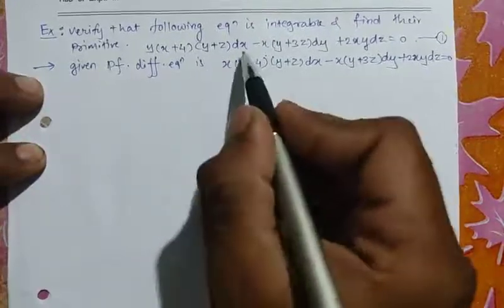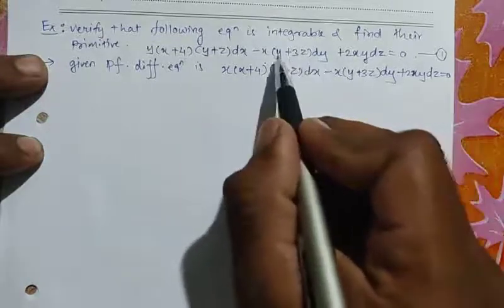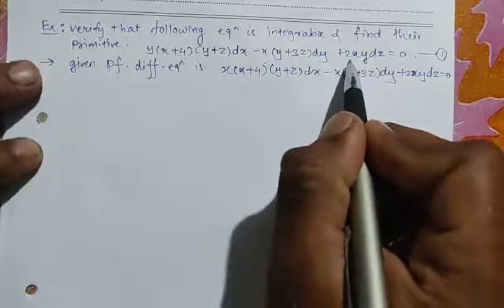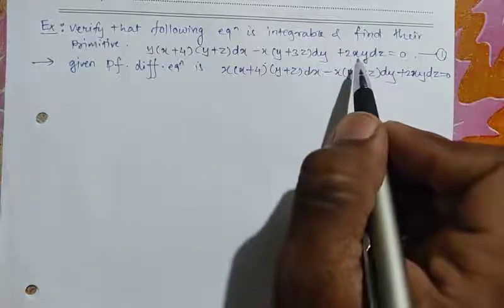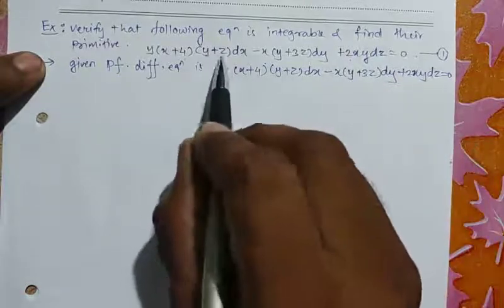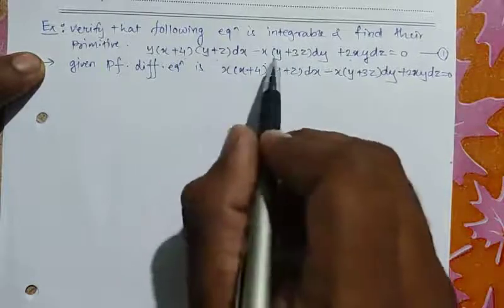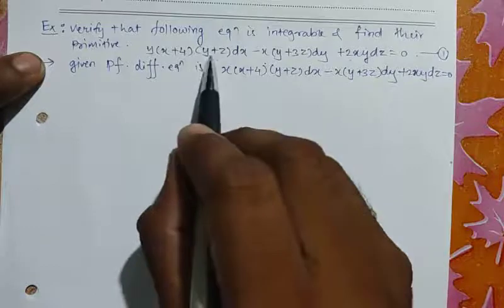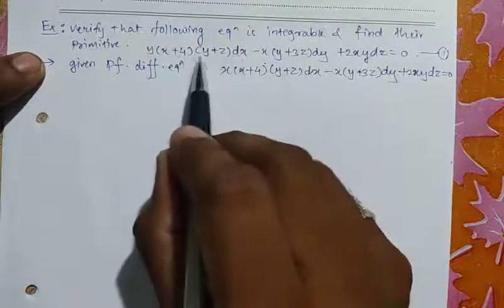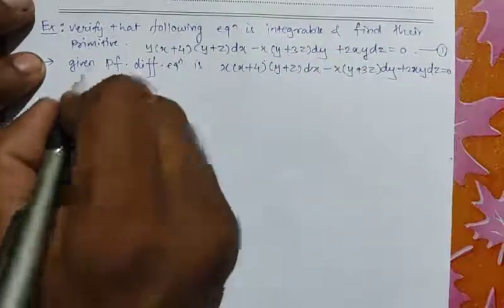Here the coefficient of dx is (x + 4)(y + z), the coefficient of dy is (y + 3z), and the coefficient of dz is 2xy. Now we'll divide this equation by (y + z), x and y, so divide both sides.